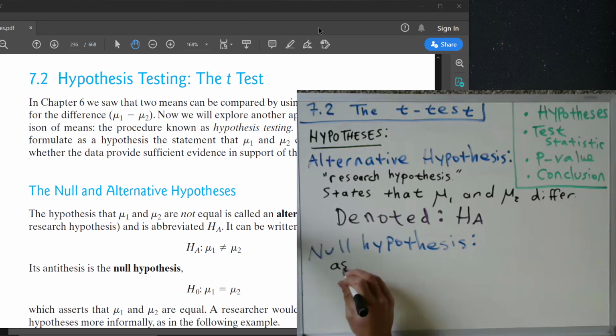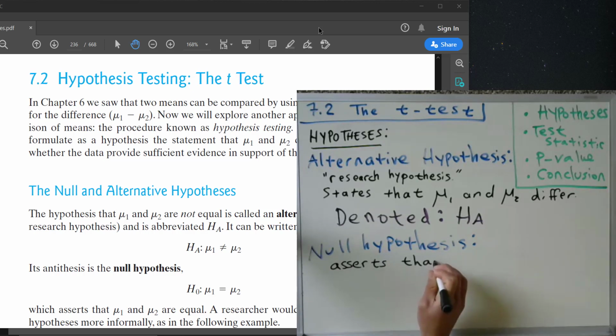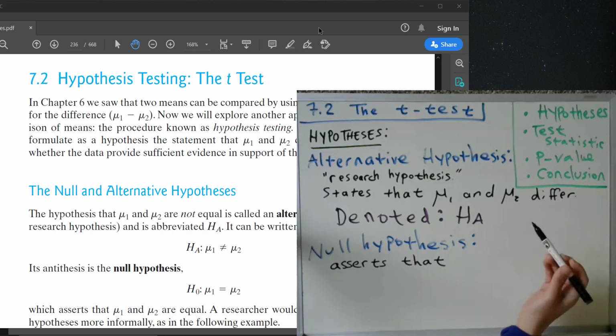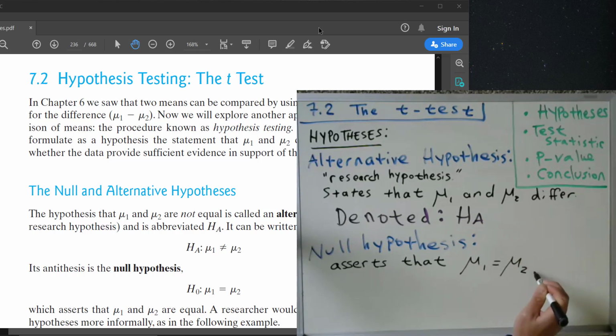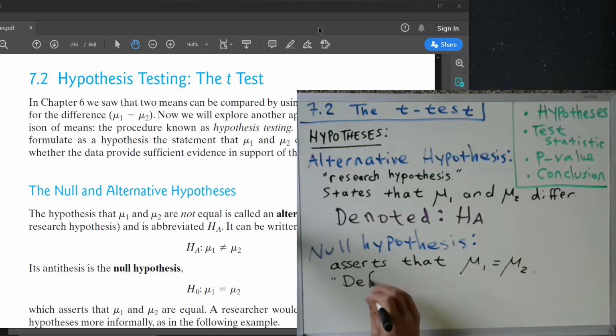The null hypothesis is used to contrast the alternative. So this null hypothesis asserts that, well, if the alternative says that these two means are different, the null asserts that they are the same. In a way, this is like a default position. Right?